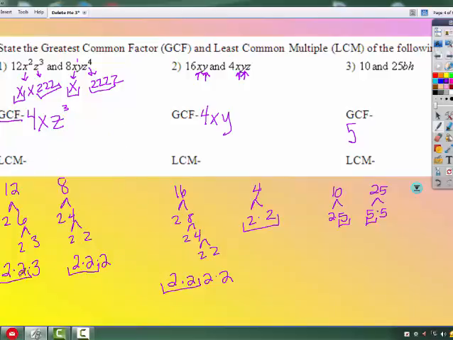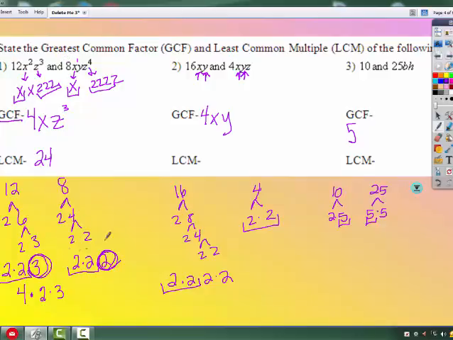To find the least common multiple using these factor trees, you would take your GCF times the factors that are left over. In this case, a factor of 3 and a factor of 2 are left over. So our LCM is going to be 4 times 2 times 3. In other words, 24.